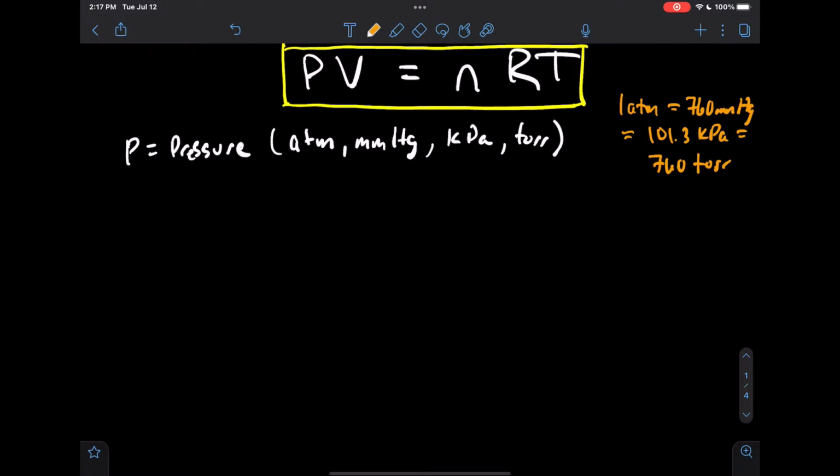So you'll see that the torr and the mmHg are both 760, and these are important to know just in case we need to convert from one unit to atm. As a general rule, you always want your pressure in atm. That way, when you go down and use the gas constant, which we'll talk about in a second, everything will cancel out correctly.